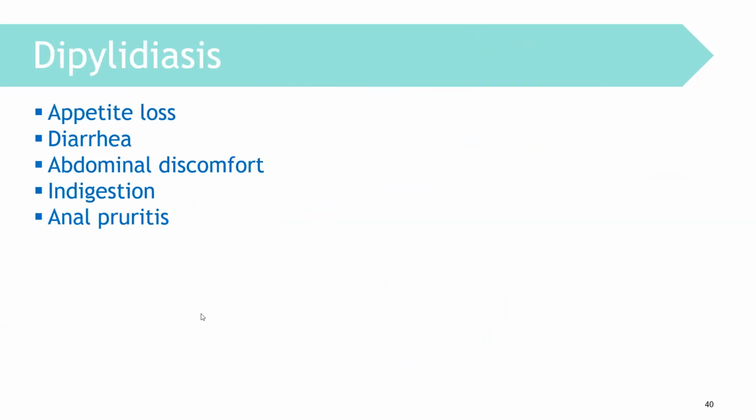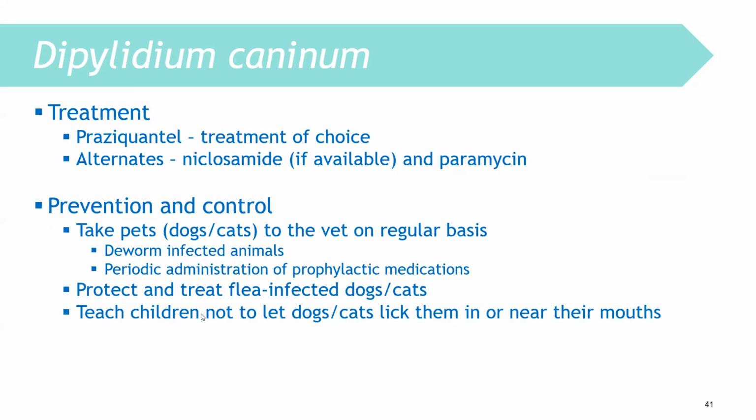A patient with this type of infection will develop loss of appetite, diarrhea, abdominal discomfort, indigestion, and anal pruritus, almost similar to Enterobius vermicularis. The treatment of choice is praziquantel, and we can also use paromomycin or niclosamide.